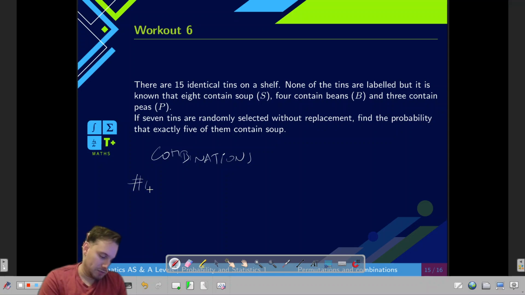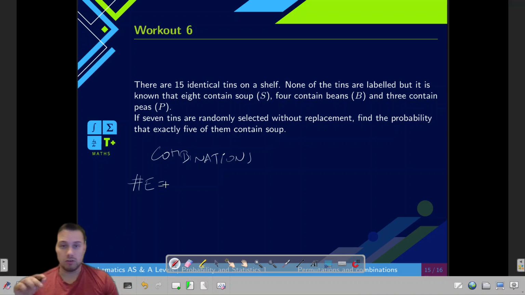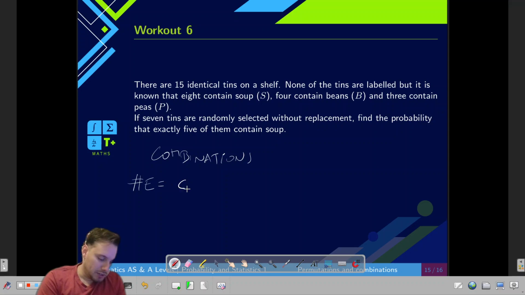Usually it's easier to find the total, that is what we call the sample space, and then we can focus on the particular event. So the total is just using the combination of what we have in total. How many cans do we have? We have 15. And how many are we selecting? We are selecting 7. So my total is a combination of 15 and 7.